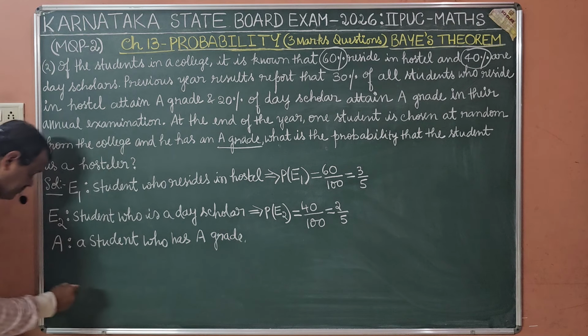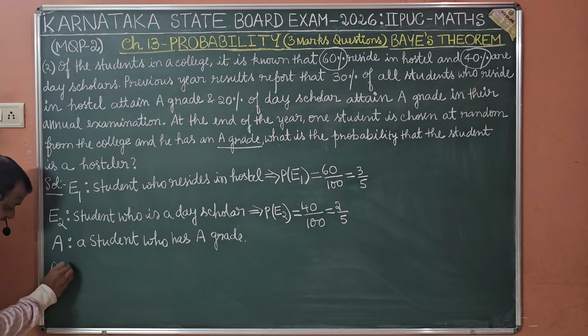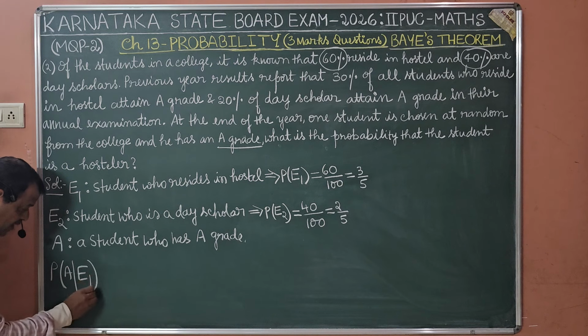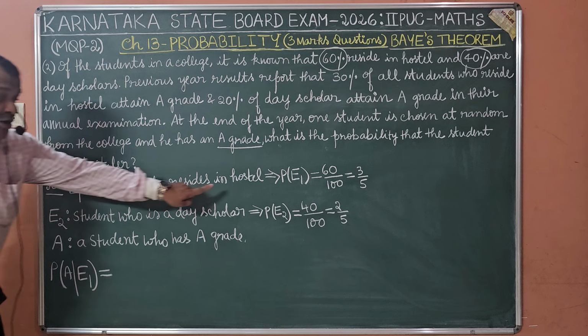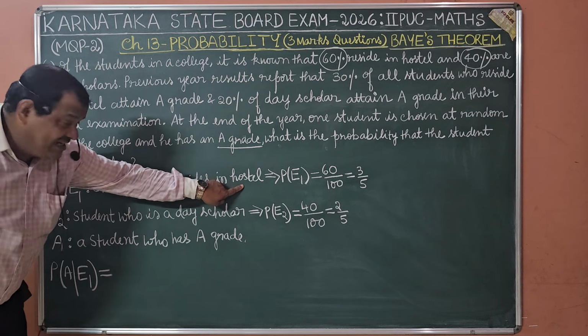Now therefore, what is probability of A given E1? How will you understand this when I write like this mathematically? Meaning is, what do you mean by event E1? Event E1 has already occurred. What is the probability of occurrence of event A? Now, what do you mean by saying event E1 already occurred? Student is residing in hostel.